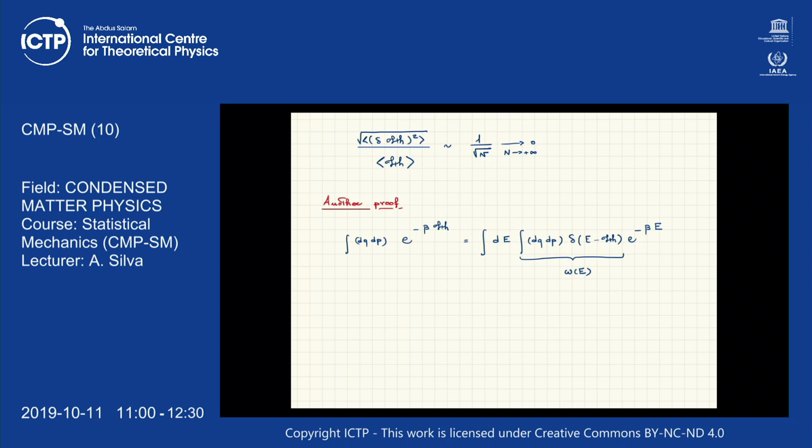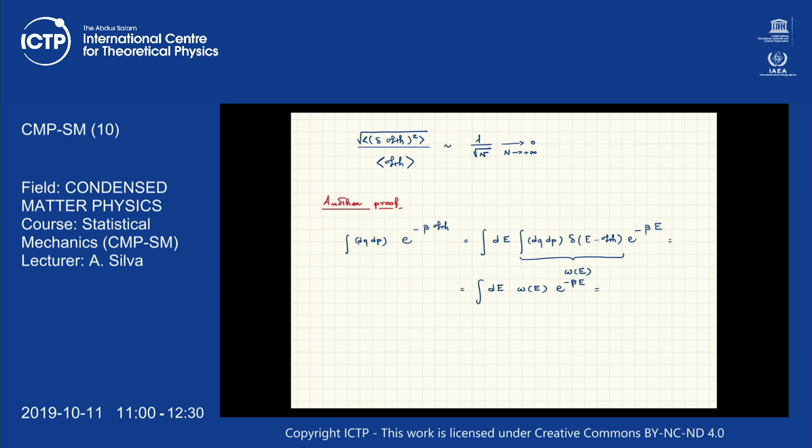So it's going to be big delta times the integral with the delta function. All right, so this is equal to the integral dE omega of E e to the minus beta E.